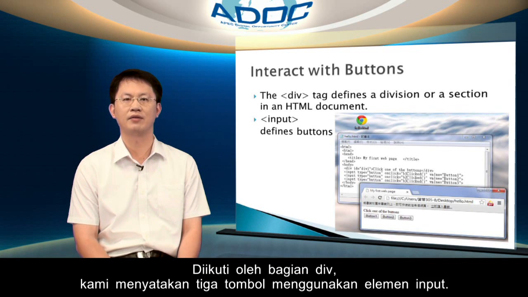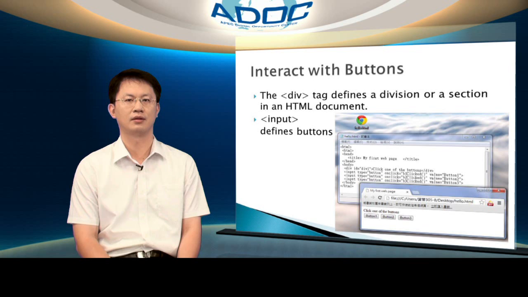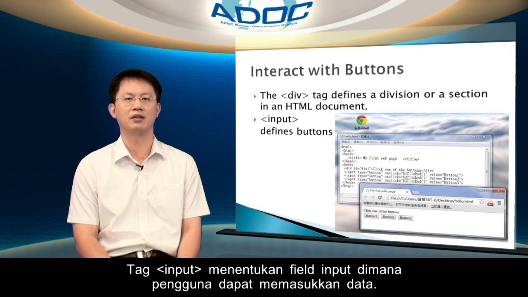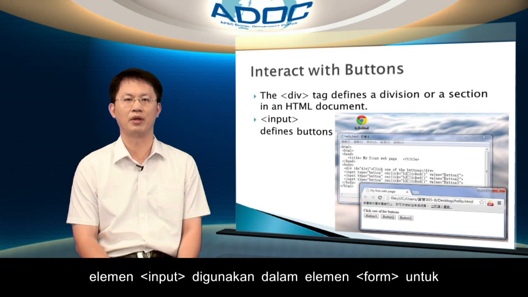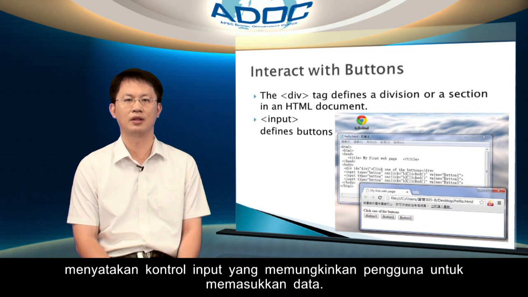Following the div section, we declare 3 buttons using input elements. The input tag specifies an input field where the user can enter data. Input elements are used within the form elements to declare input controls that allow users to input data.